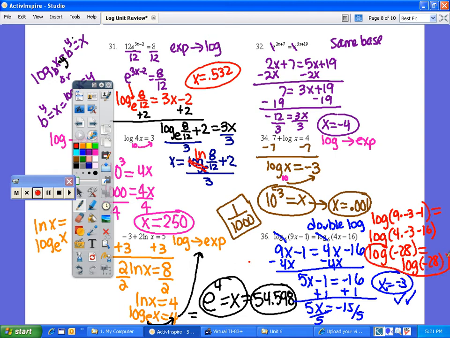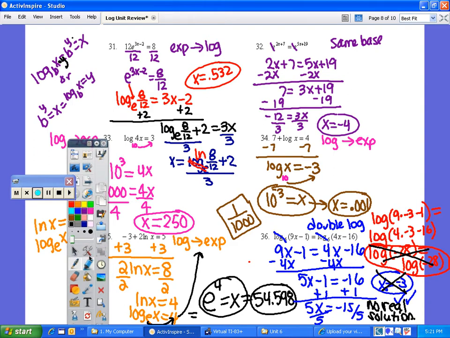Well, since these both came out negative, you know you're not supposed to have negative logs at all. So you should cross these out. Make sure you cross both of them out because you're not allowed to have negative logs, which means this answer does not exist. And you have to write no real solution. You would never know if there was no real solution if you never checked it. So make sure all the double logs get checked.